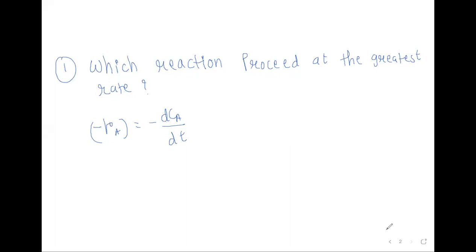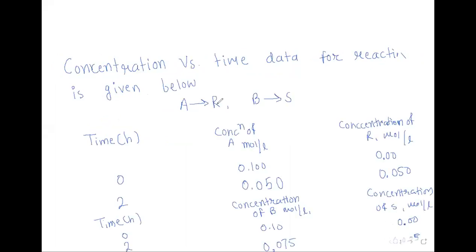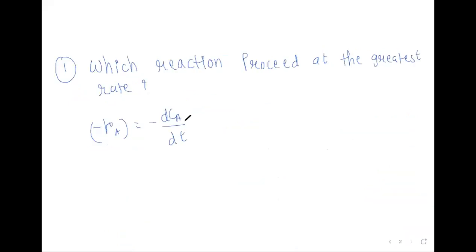So two values are given, so you can find out minus rA and minus rB. From both values we can know which one will be the faster one. So let me write down: minus rA equals minus (CA minus CA0) divided by (t minus t0).